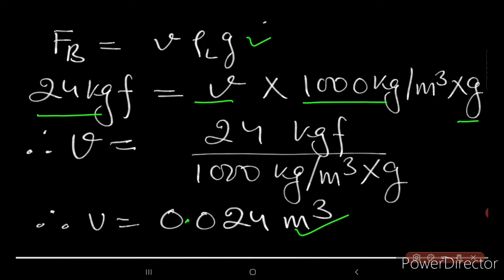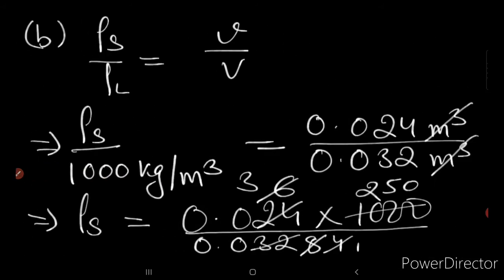Now coming to the second part, where we need to calculate the density of the wood. To calculate the density, we use the formula rho s upon rho l equals small v upon capital V. Then replacing the values of rho s, rho l, small v and capital V. Small v we just calculated, capital V was given to us, and the density of water is also given in the bracket in the question.